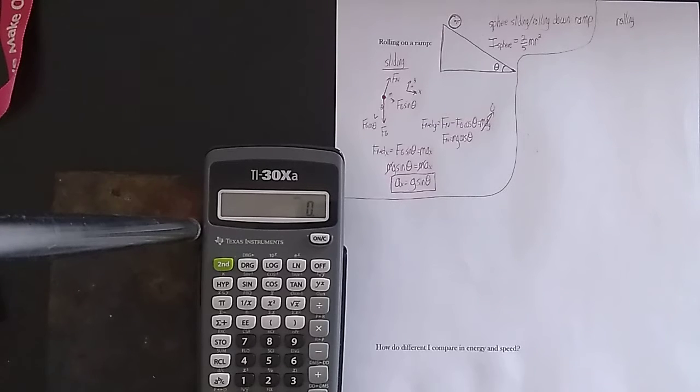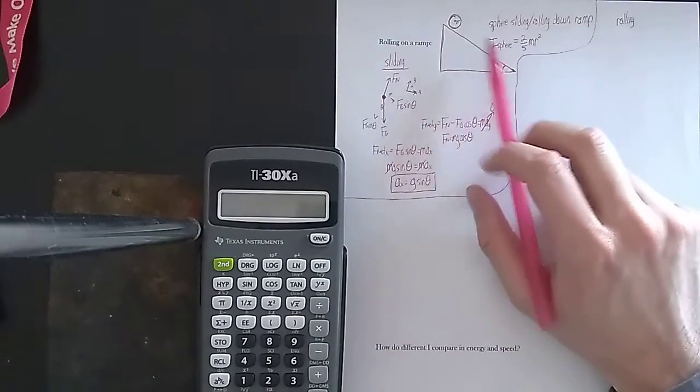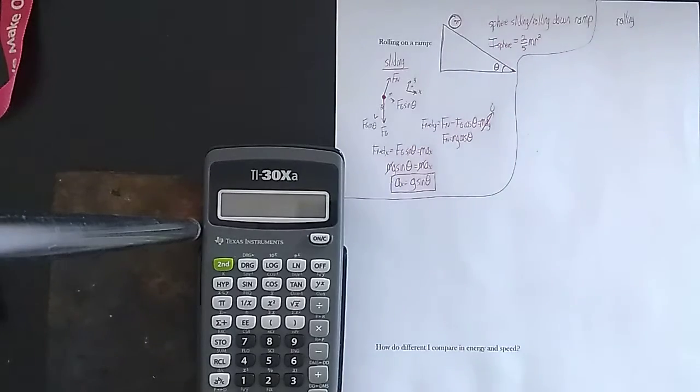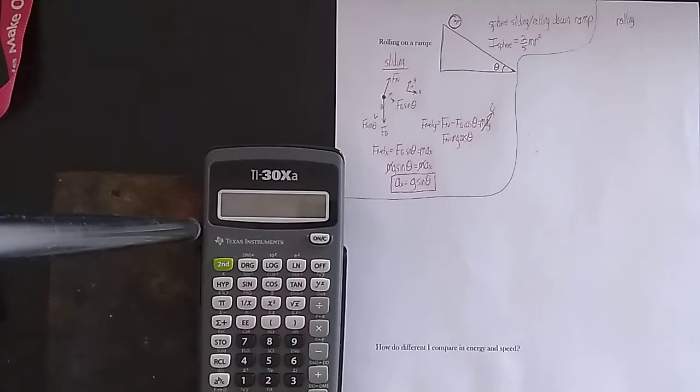Friction is necessary to provide the torque to cause the object to have an angular acceleration and start to roll in the first place. This object that slides down the ramp, it could spin while it slides down, but the rate of spinning is not going to change. You can start this object spinning, but that wouldn't be called rolling. Rolling is very specific, okay? Rolling involves no motion between the point of contact on the surface and the object that is doing the rolling.